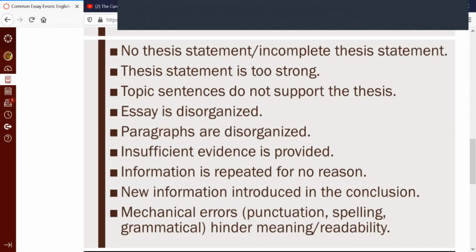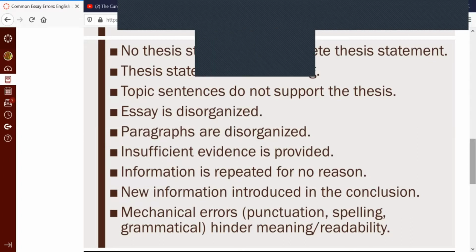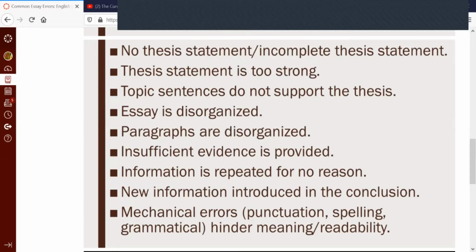The thesis statement is the heart of your essay. Not having a central point or a main idea leaves your reader lost and wondering why they're reading this essay in the first place. So no thesis statement is a problem.